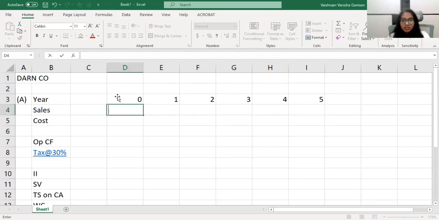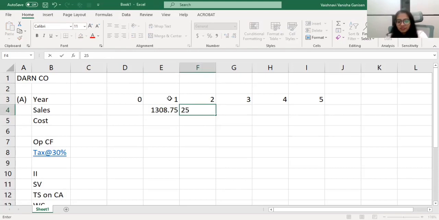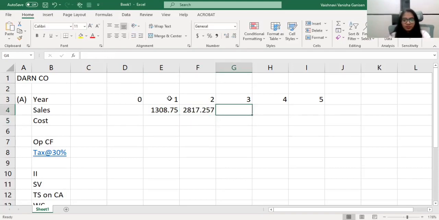So in year one, 1250 multiply 1.047 to the power of 1. Oops, I forgot the equal sign, guys. Equals, to the power of 1. And then year 2, equals 2570 multiply 1.047 to the power of 2.